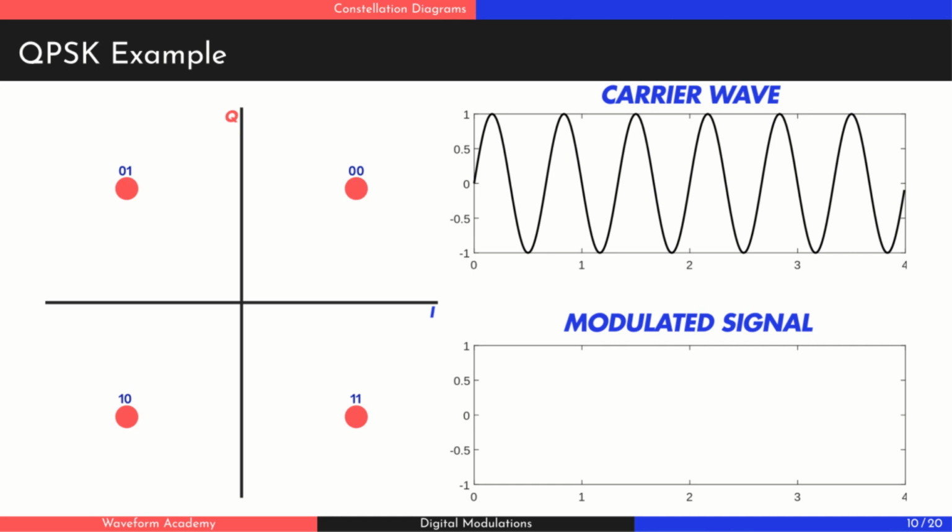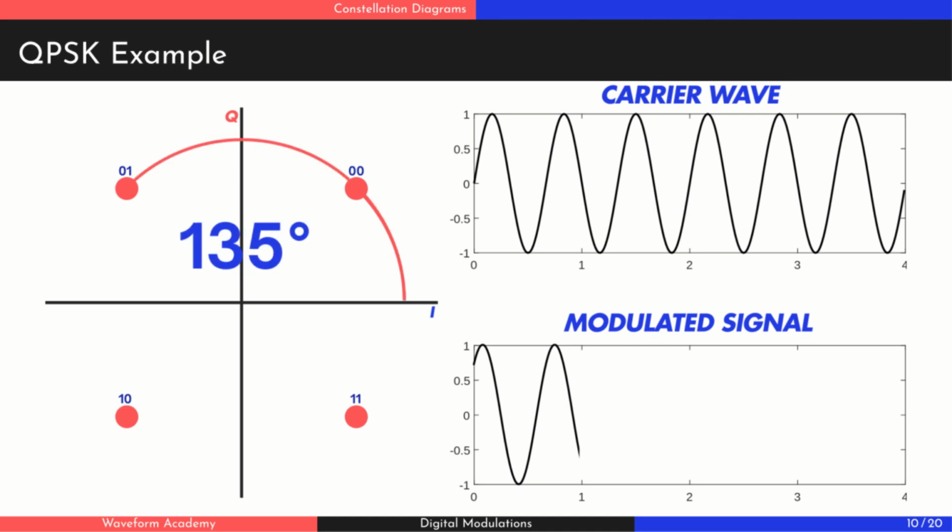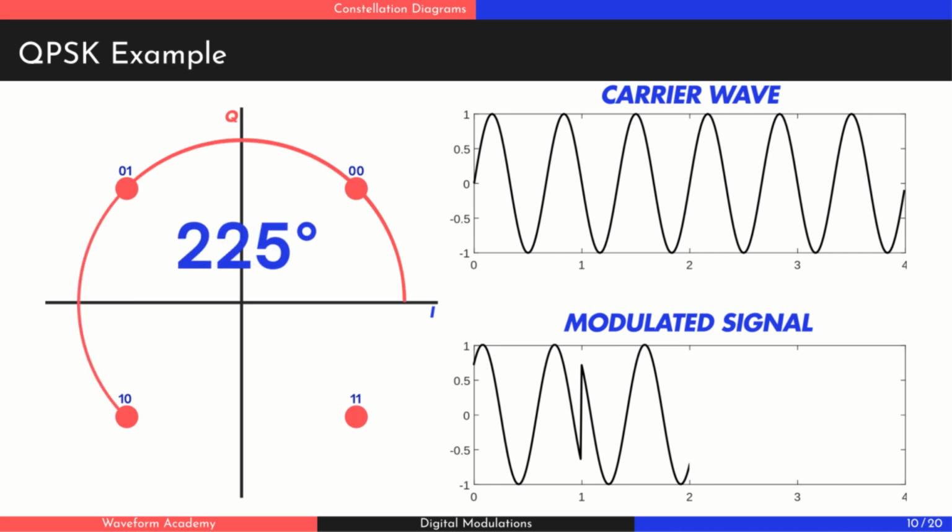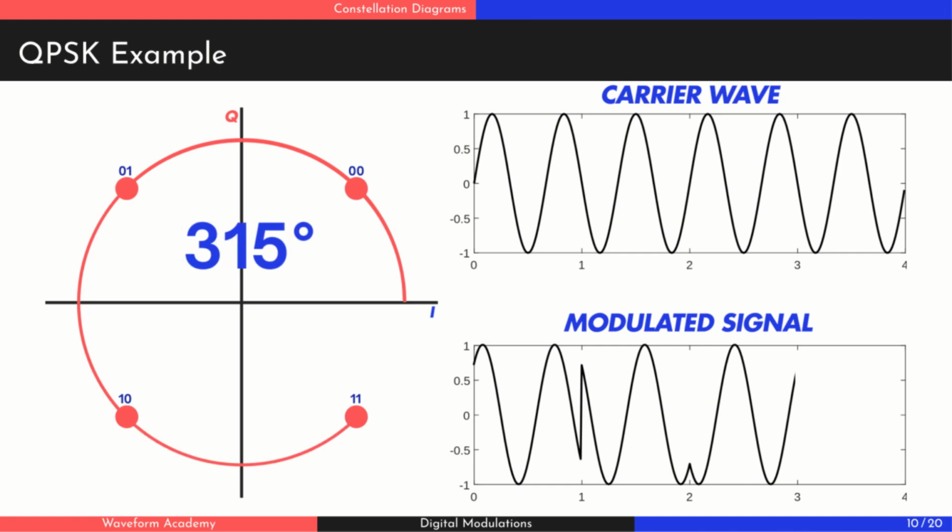The first symbol shifts the carrier wave's phase by 45 degrees, representing the bits 0, 0. The second symbol shifts it by 135 degrees for 0, 1. The third by 225 degrees for 1, 0. And the last by 315 degrees for 1, 1.